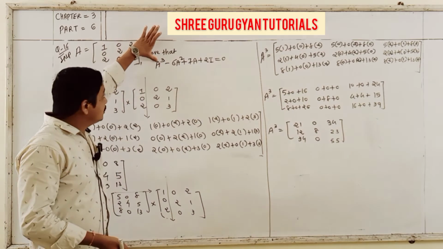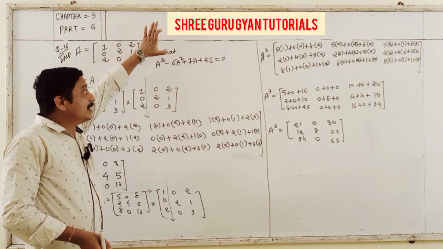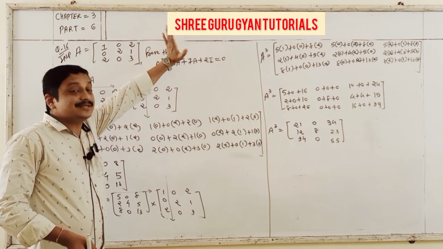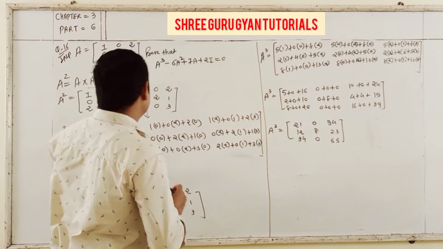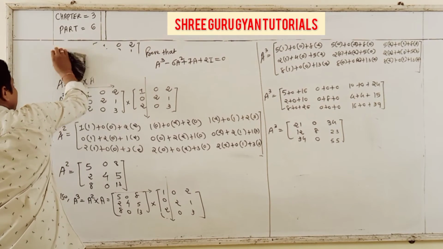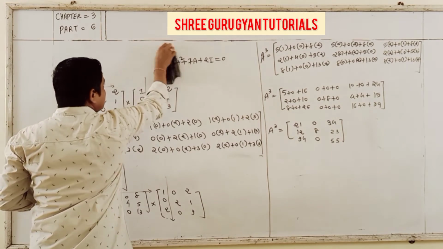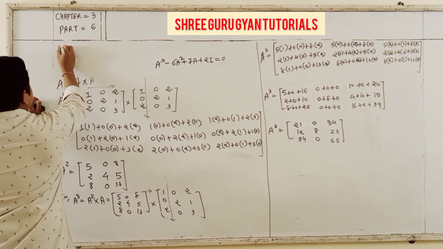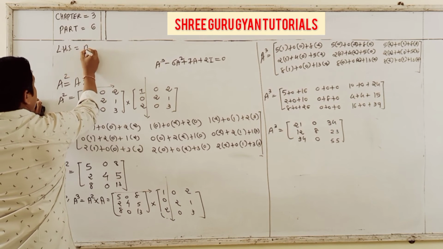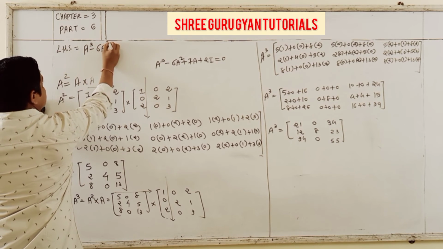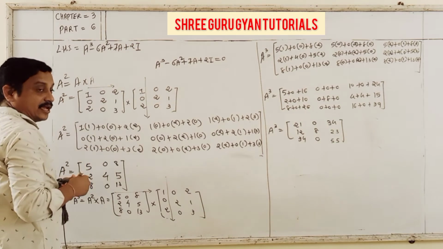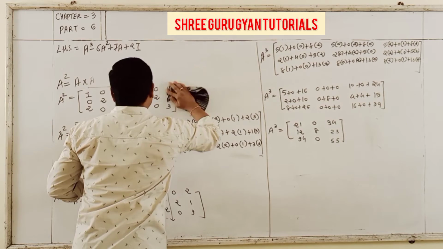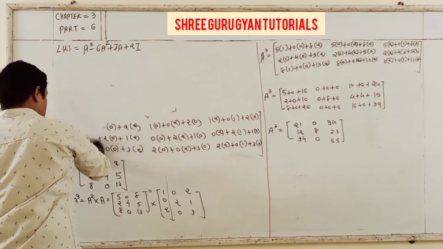Now I am turning to this one: A cube minus 6A square plus 7A plus 2I. And we will prove this is the 0 matrix. So I will start now my example solution. Therefore LHS is A cube minus 6A square plus 7A plus 2I, and putting down your values one by one.